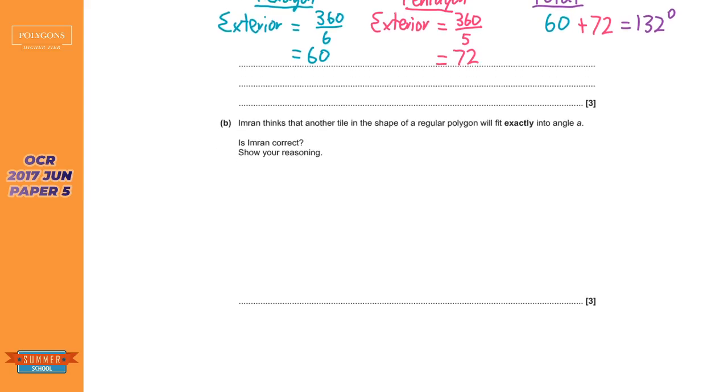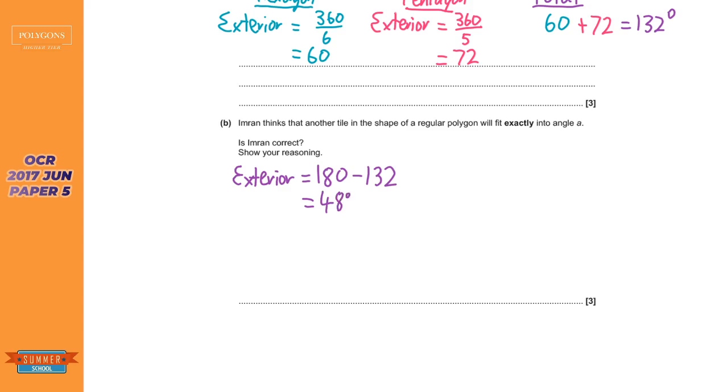Now again, multiple ways of doing this, but if the interior angle is 132, we can easily work out the exterior angle. Interior and exterior angles are on a straight line, so they add up to 180. So we just do 180, take away 132, which is 48 degrees. So the exterior angle is 48.